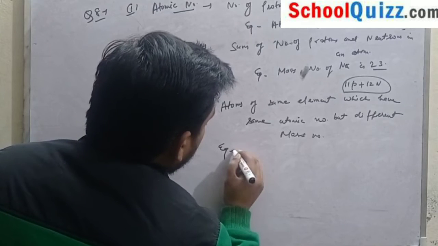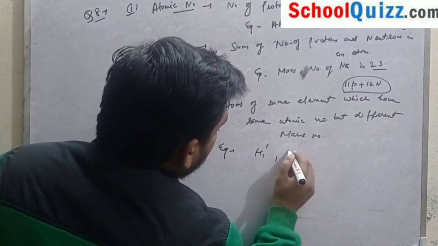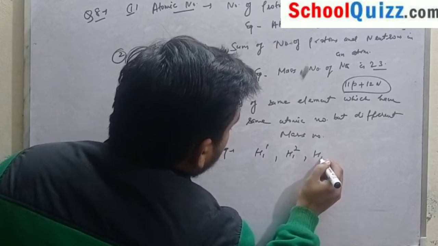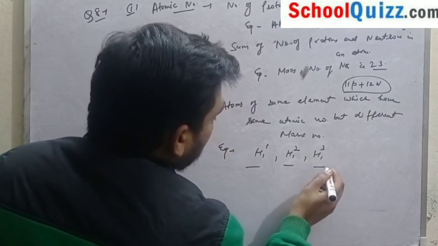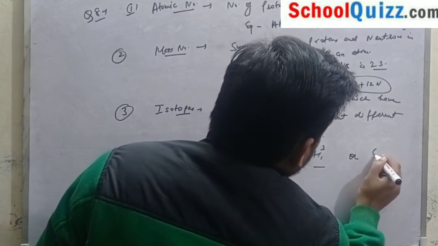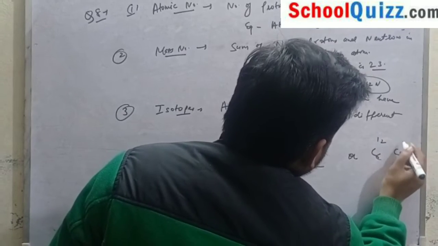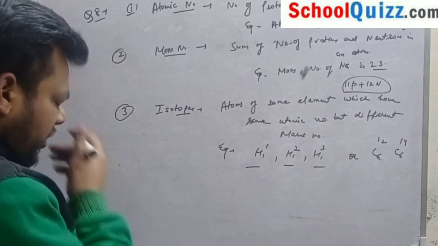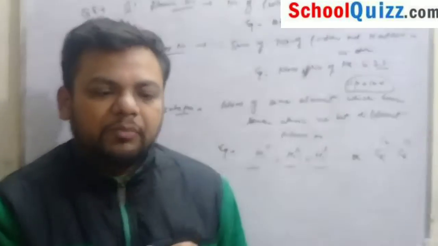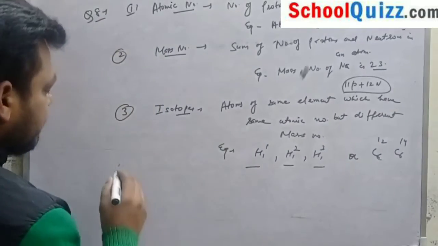For example, H 1 1, H 1 2, H 1 3, protium, deuterium, tritium, or carbon 6 12, carbon 6 14. They have the same atomic number but different mass number.